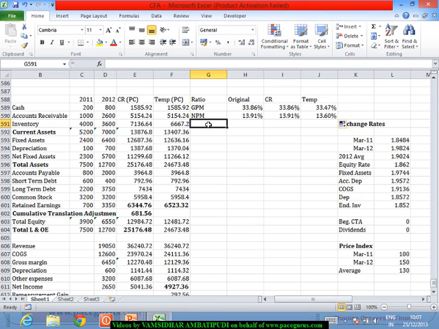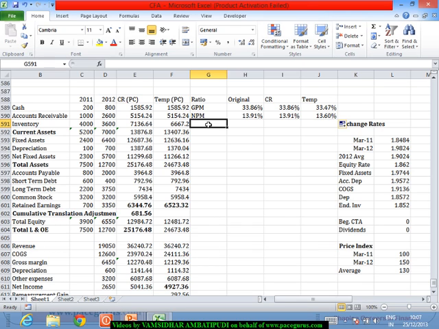The same way when I look at a pure balance sheet ratio, when I say pure ratio, the numerator as well as the denominator both belong to the balance sheet, or numerator and denominator both belong to the P&L statement itself.